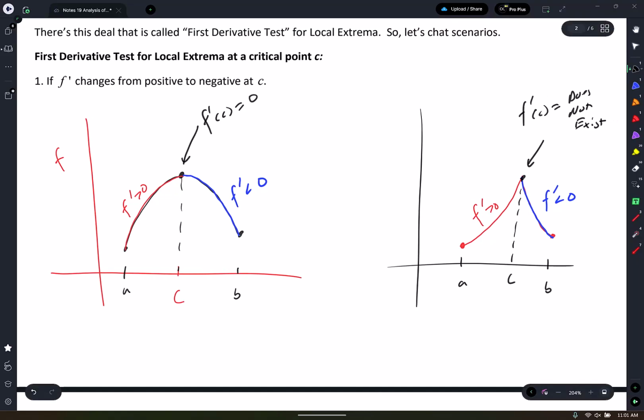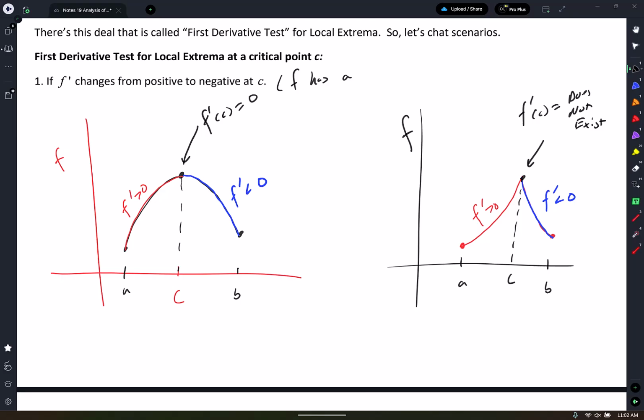Okay, are those good notes? This is a graph of f. So if f prime changes from positive to negative at x equals c, what do we have? f has a what?